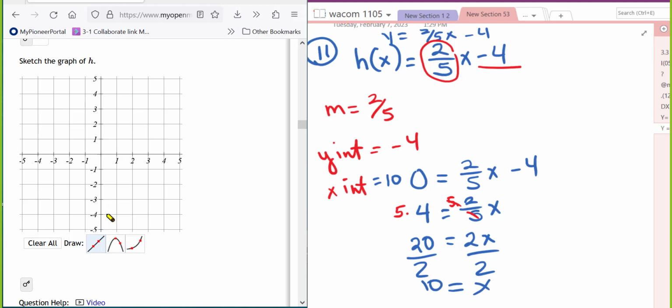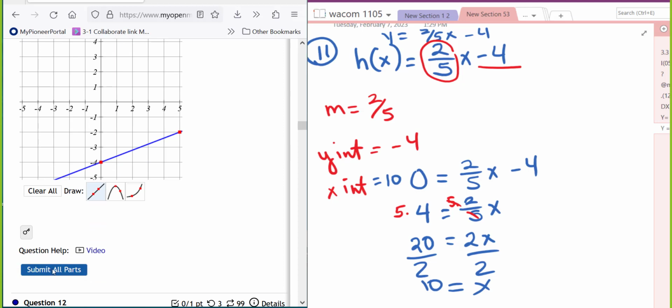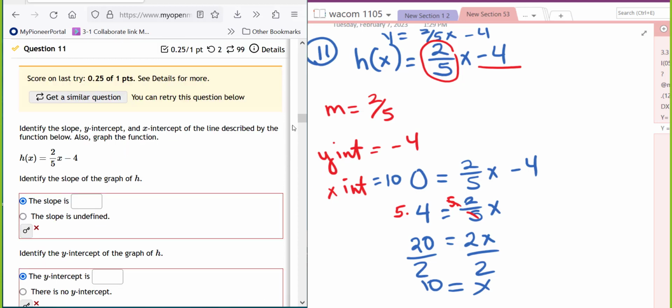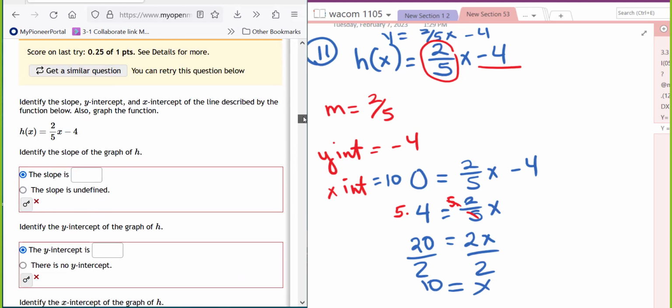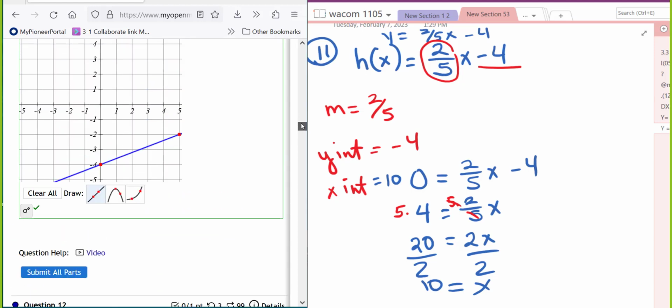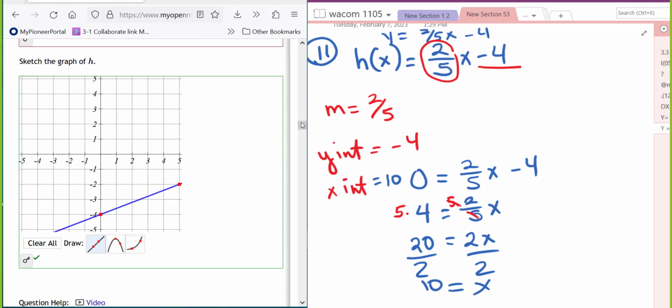We're going to start at -4. You're going to go up 2, 1, 2, over to the right 5, 1, 2, 3, 4, 5, and there is your point. And I just got 0.25 right again, but the graph was what I was really checking.